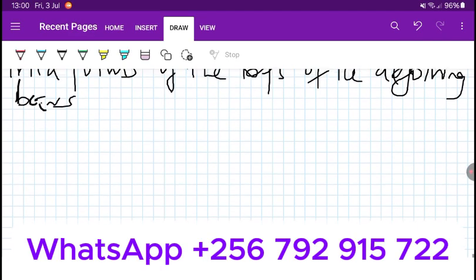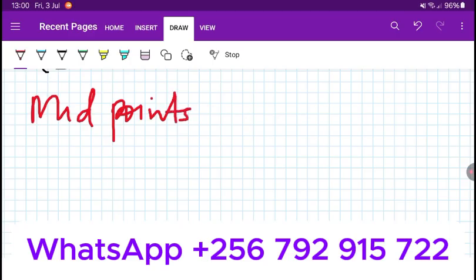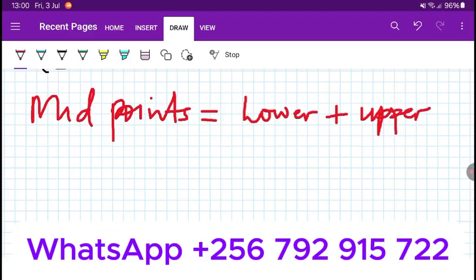It depends on what has been given to you in the question. So for the midpoints, we get the lower plus the upper, then we divide by 2.